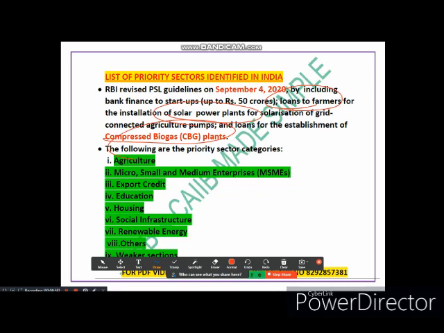So the meaning of CBG is compressed biogas plant, right?